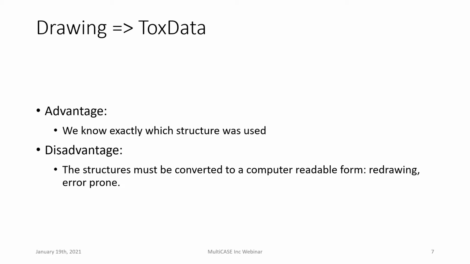The only thing we need to do is make this structure computer readable. Quite frequently we need to just redraw it, which is in a way a disadvantage. When you have to redraw 100 structures, that's time consuming, and the most important thing, it is error prone. When you're drawing for 8 hours per day, you will probably make a mistake. You will put in an extra bond. You will forget to put a bond. You will forget to label an atom as oxygen or nitrogen. Something will happen.